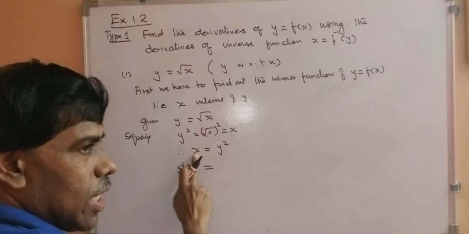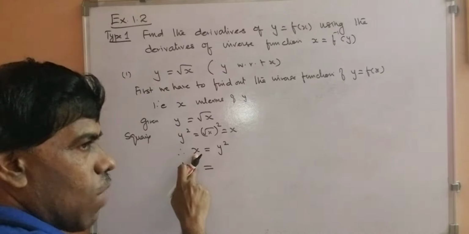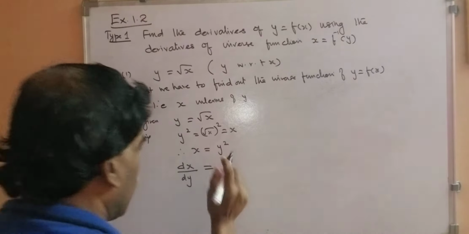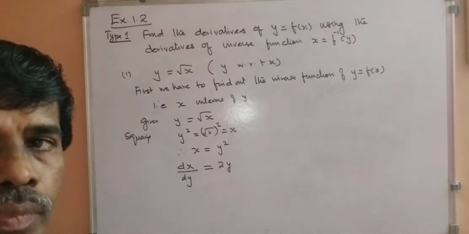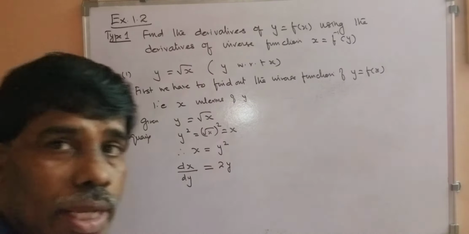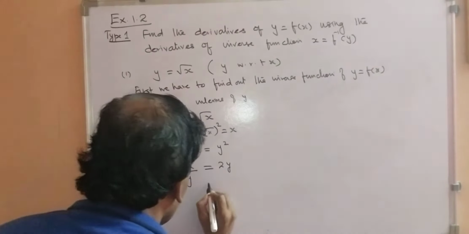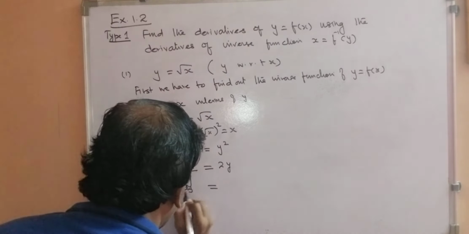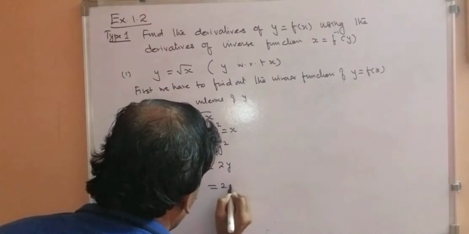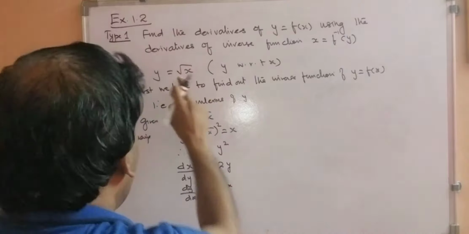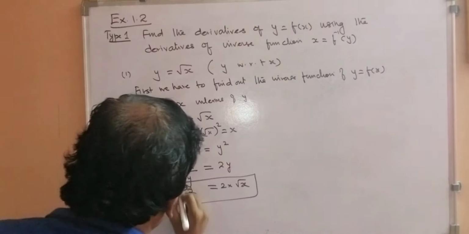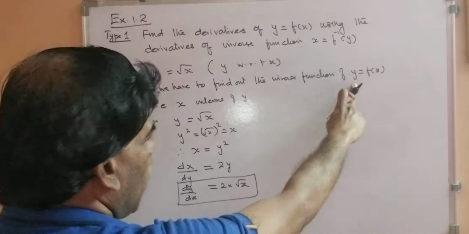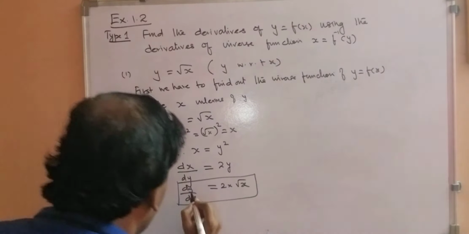See here, this you consider as y, this you consider x, x to the power n formula, 2y. Okay, now we have to resubstitute the value. See, dx by dy equal to 2 into, what is your original y? Root x. Now this we have got, the inverse function dx upon dy.